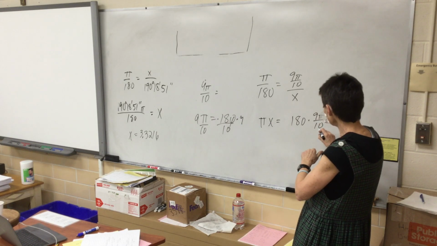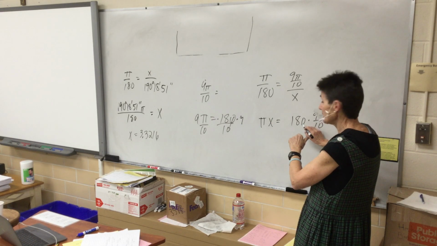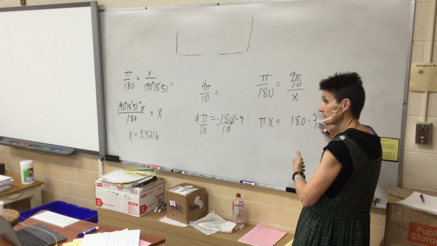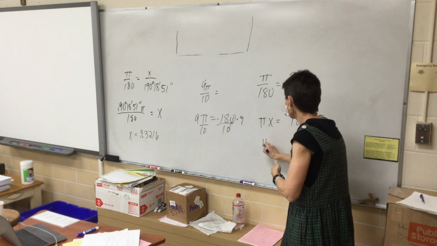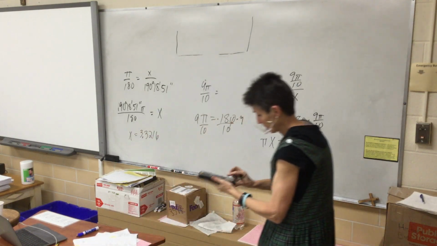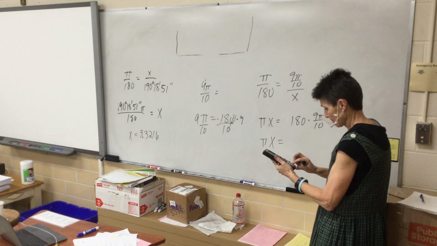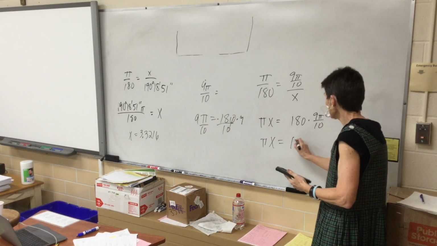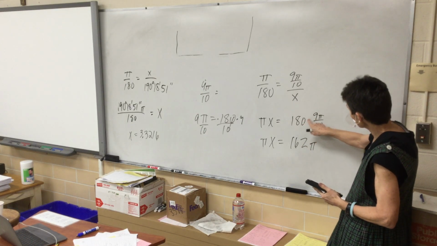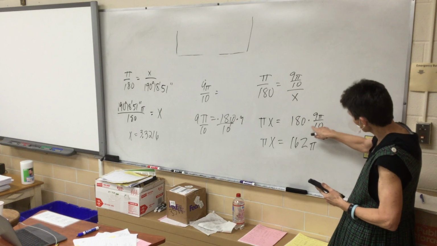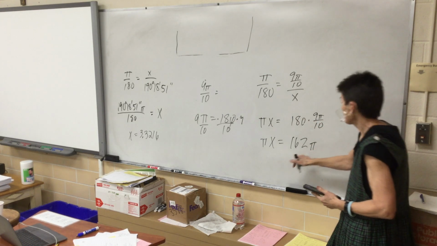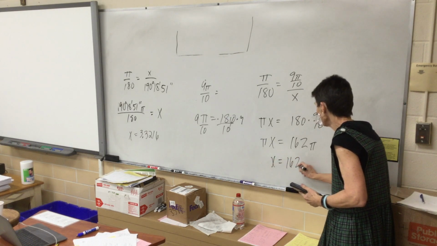So basically my arithmetic is 10 into 180, 18 times 9, and then the pi's are going to cancel. So I don't know, what's 9 times 18? 162. So when I do this arithmetic, 180 times 9 divided by 10, I get 162. So x equals 162 degrees.